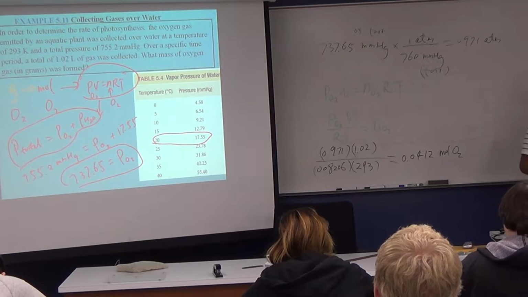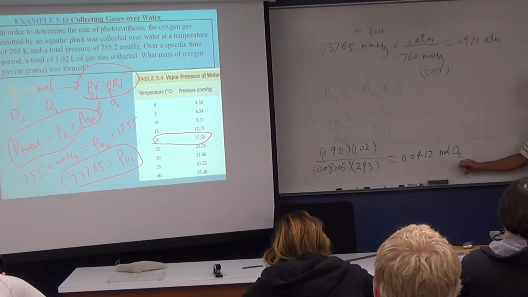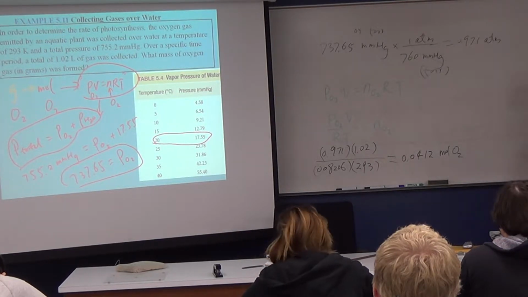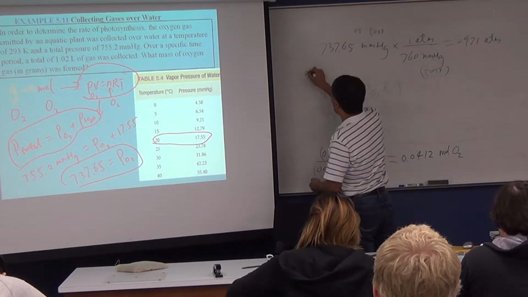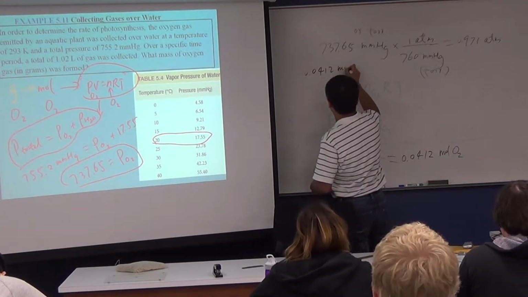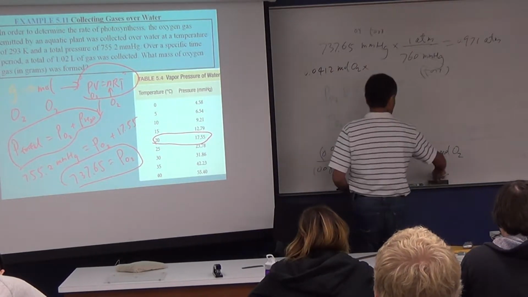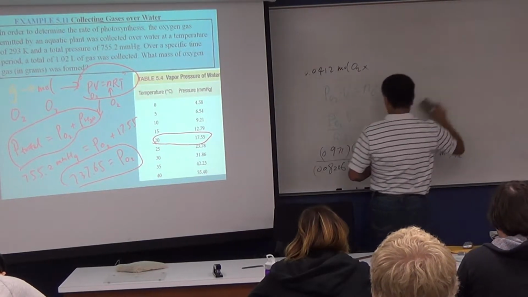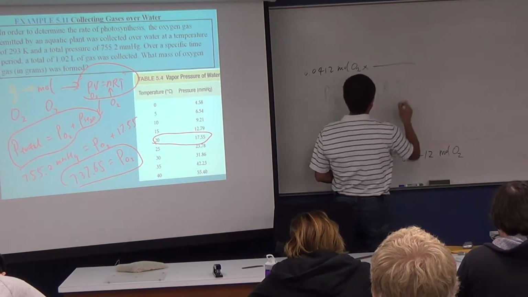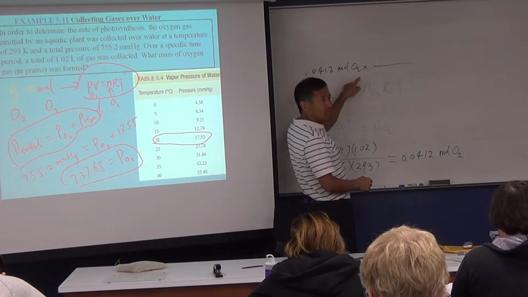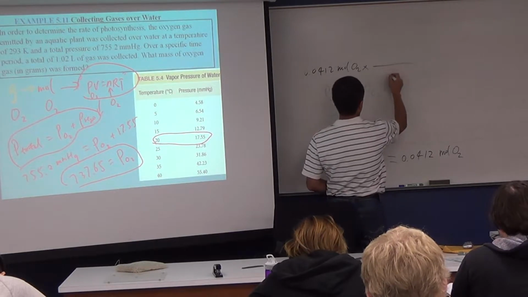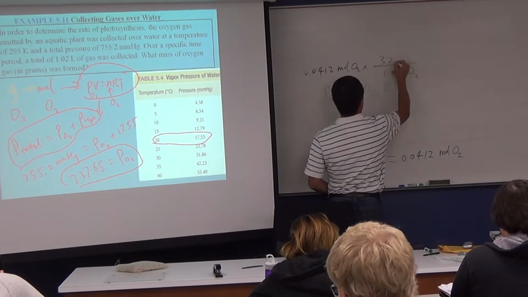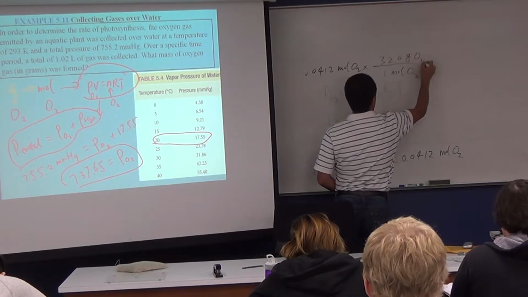So now the problem is to find the mass. Once you find the moles of O2, how do you find the mass? Moles to mass, right? So I'll write here 0.0412 mole of O2. And now what molar mass shall we use? Shall we use the molar mass of O? No, because we have O2, right? So for every 1 mole of O2, you have 32.0 gram of O2.